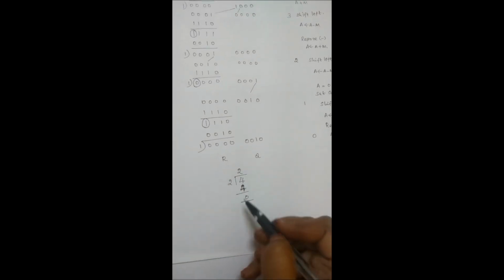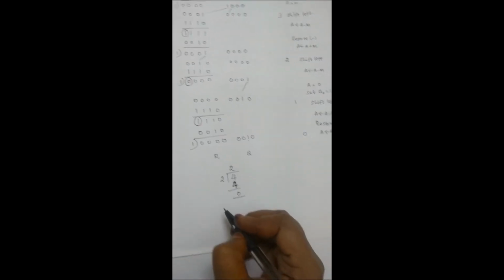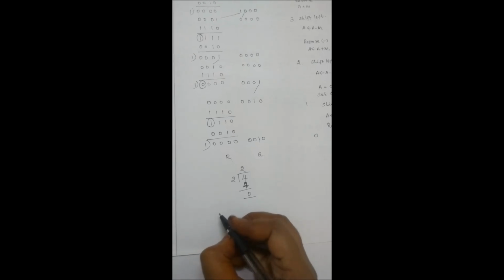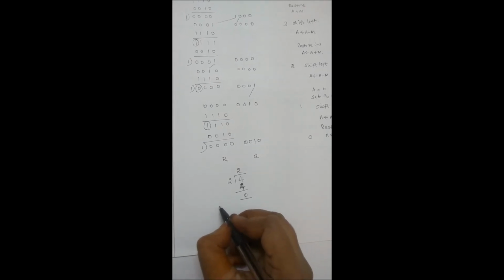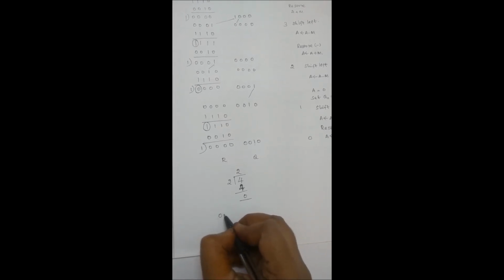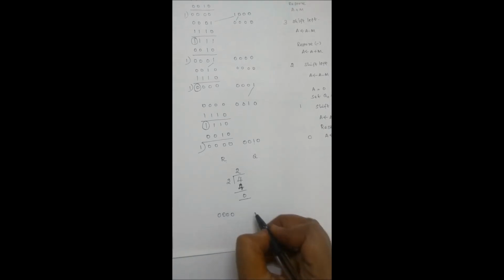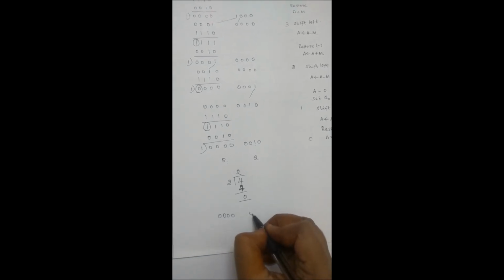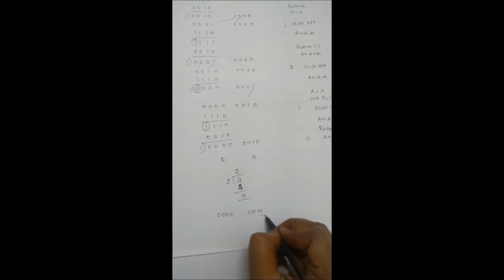So the final value: this is the quotient and this is the remainder. We write out the remainder and quotient in the A and Q registers, which are 0 0 0 0 in A and 0 0 1 0 in Q. So this is the final answer for the division, that is 4 divided by 2. This is how we calculate division in the binary method.